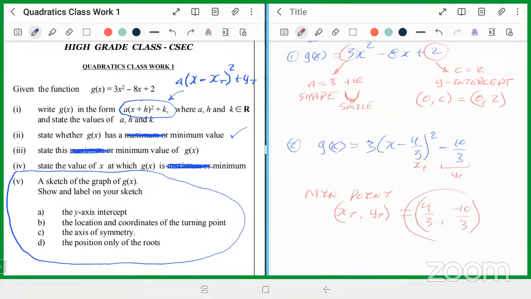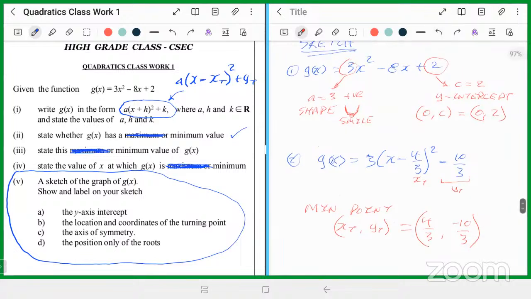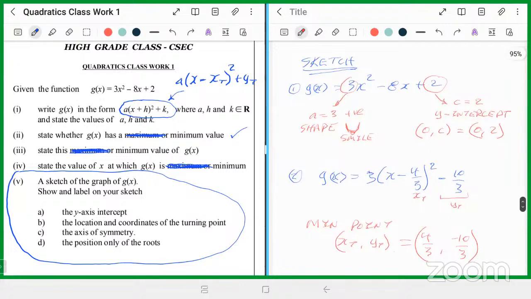And so this is where the turning point is. We want to put this information in red together to make a sketch of the graph. That is sufficient for us: the fact that it smiles, the fact that it crosses the y-axis here, and the fact that it turns at this point down here, the minimum turning point.